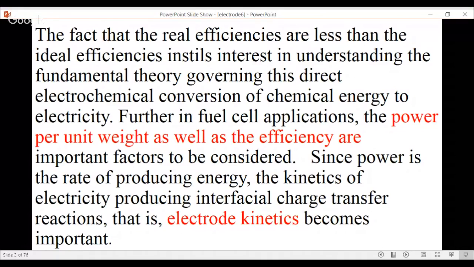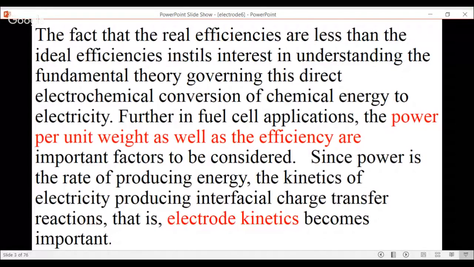Maximum is the theoretical efficiency. The electrode kinetics controls the efficiency of the operating system, which will be less than the maximum efficiency. Therefore, we want to understand the electrode kinetics and optimize it to the optimal level.